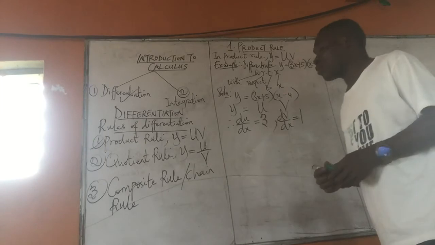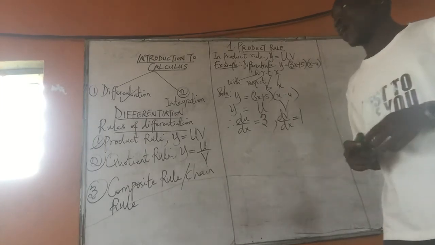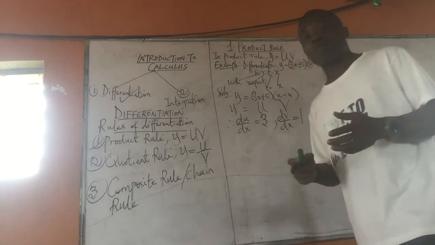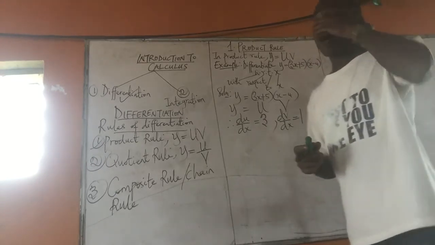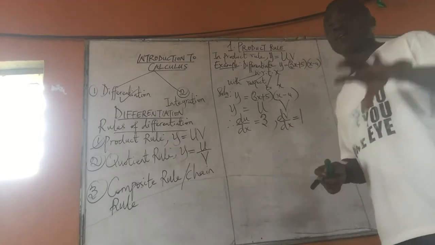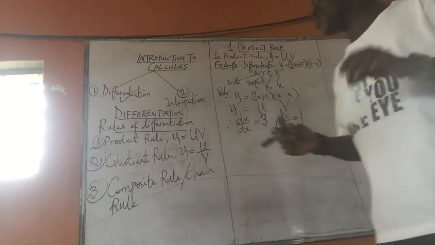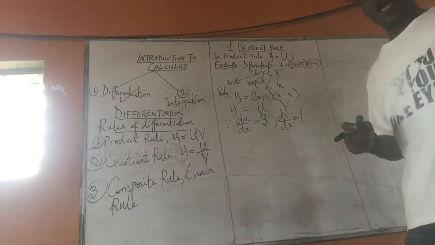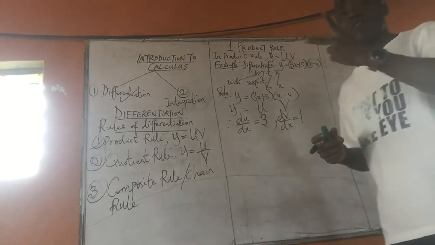If we have something like y equal to 5x raised to the power of 3 and we are asked to differentiate y with respect to x, all we have to do is to bring down the power, multiply the power by the number that is serving as a base. That will give us 5 multiplied by 3, which is 15. Then we reduce the 3 by 1, which is 2.